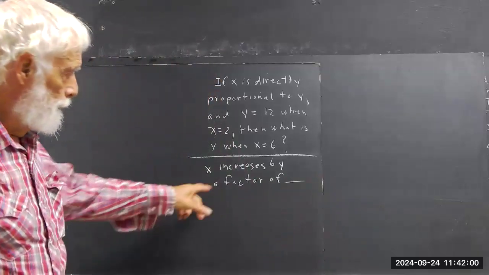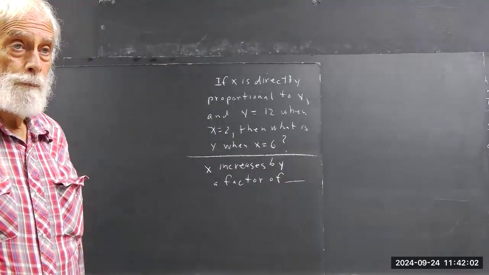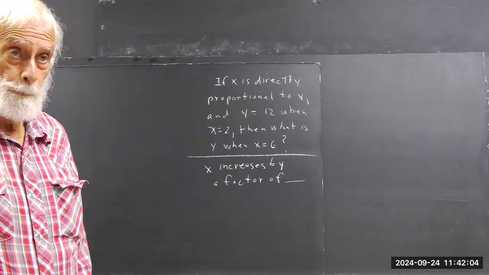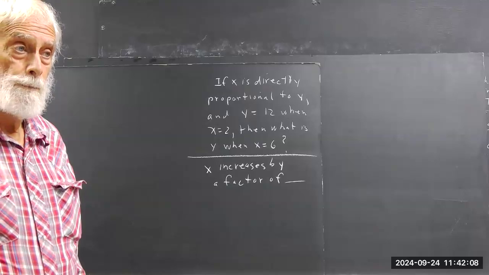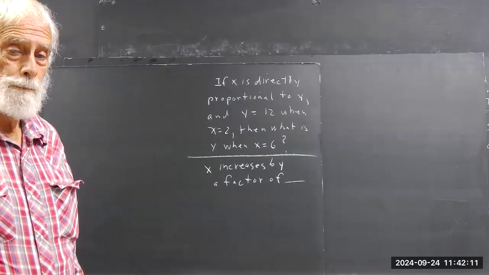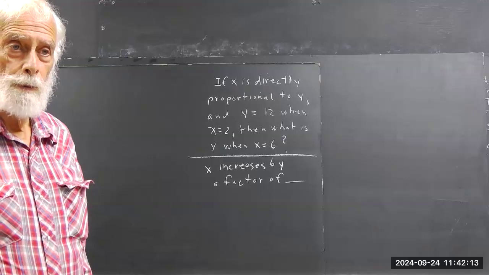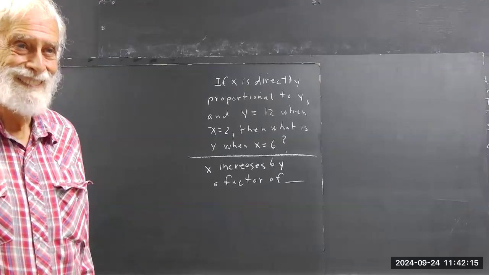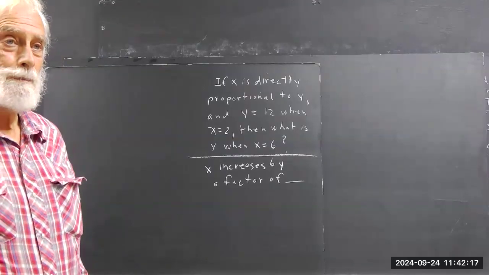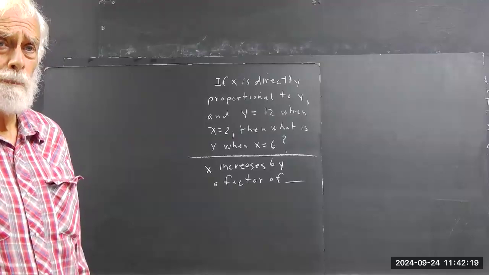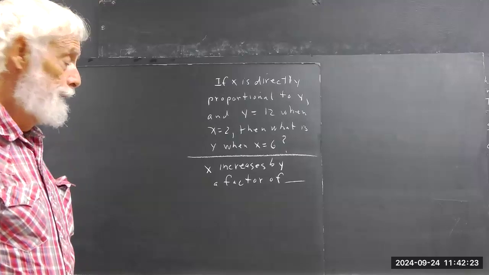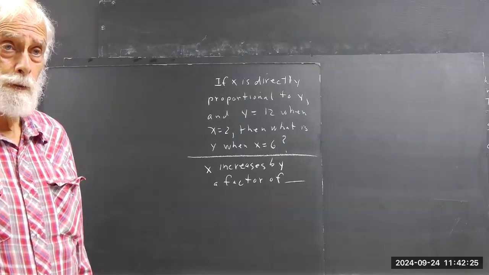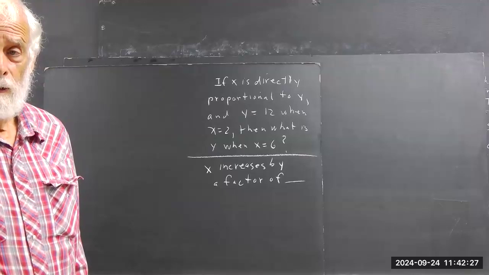Go with your fingers, what goes there? x increases by what factor? Yeah, before you dropped your pen, that was gonna be right. What do you think? What factor? What does factor mean? Okay, now, a couple of you voted, thank you.